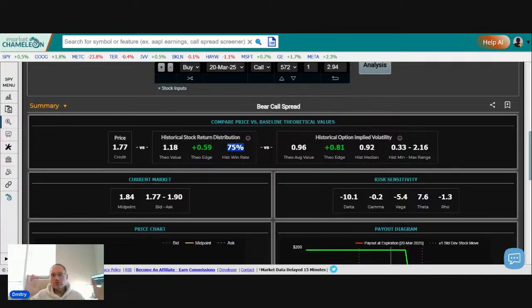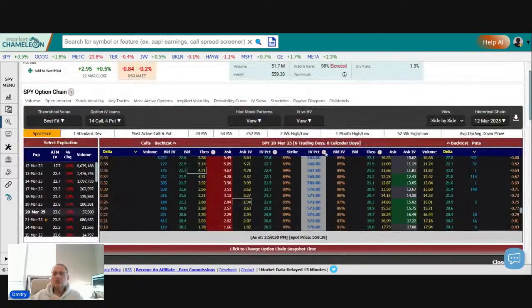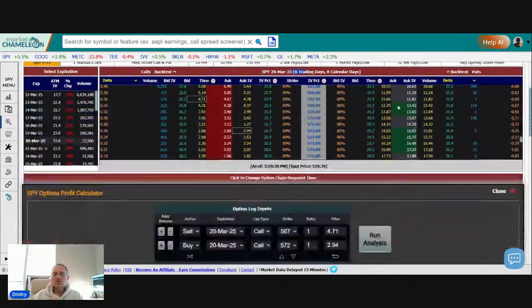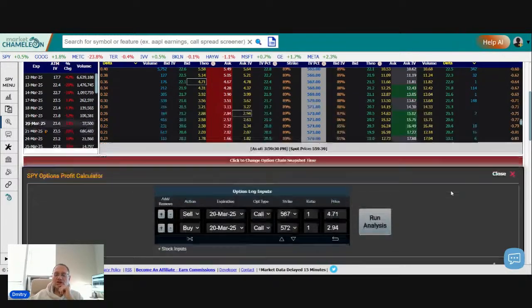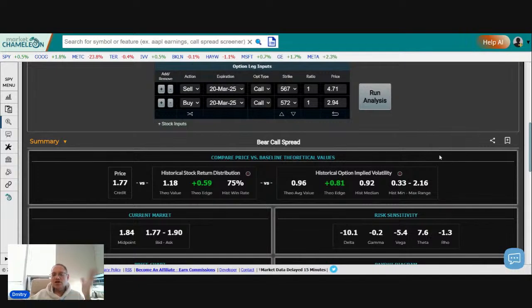So not how the stock behaved, but the options markets, the implied volatilities, and we took an observation where the options had the same amount of days to expiration, 6 trading days, and the distance of the strikes was similar.